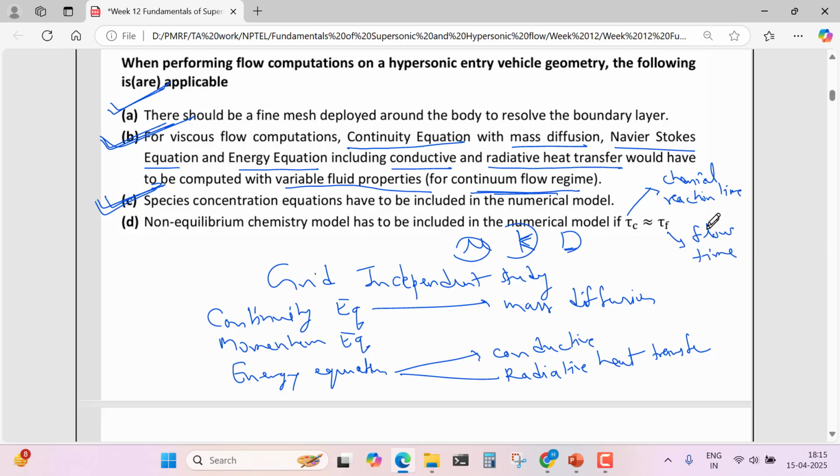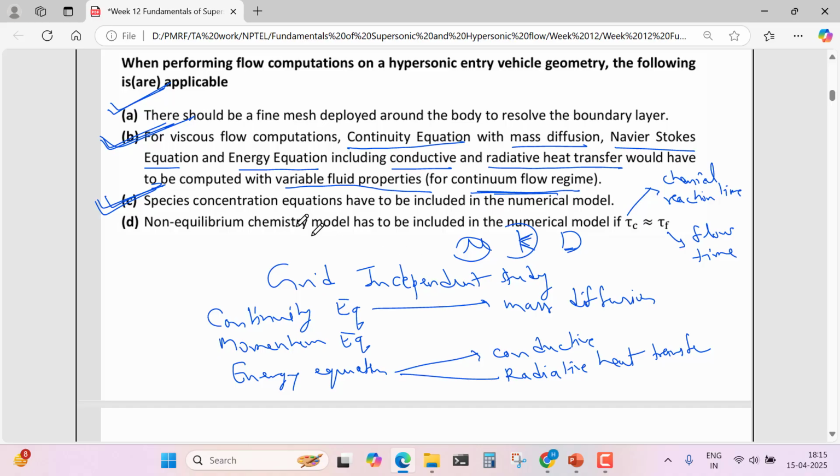When the chemical reaction time and flow time are of the same order, then the flow will be non-equilibrium. So if the flow is non-equilibrium, then we have to include the non-equilibrium chemistry model. And what are the equations? One will be the vibrational rate equation, and the other will be the chemical rate equation.